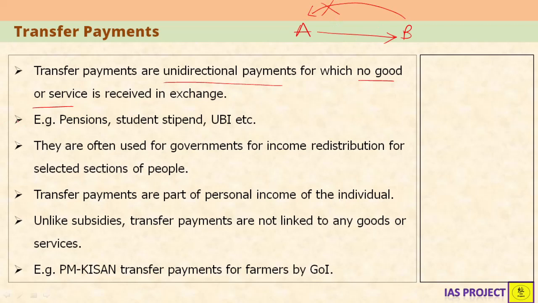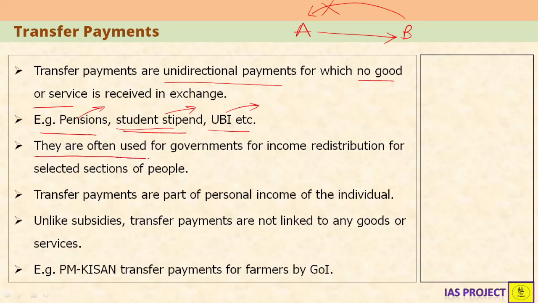Such kinds of payments are called transfer payments. Examples of transfer payments include pensions, student stipends, UBI, etc. Pensions may come from, let's say, the government. Student stipends may come from, let's say, universities. UBI also from the government. So transfer payments are not only from the government but also from any other entities.